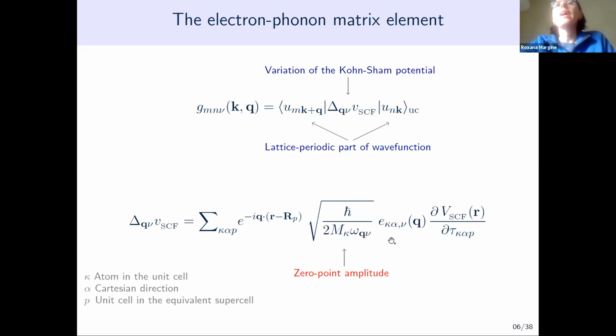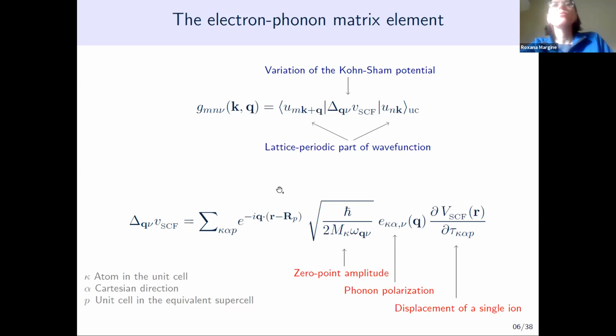Then we need to tell the atoms in which direction to move. This is the phonon polarization, which is the eigenvector of the dynamical matrix. And then we have the change in the self-consistent potential with respect to the displacement of every atom in the cell.